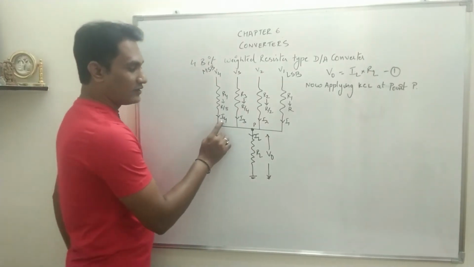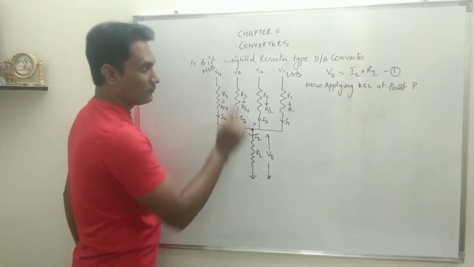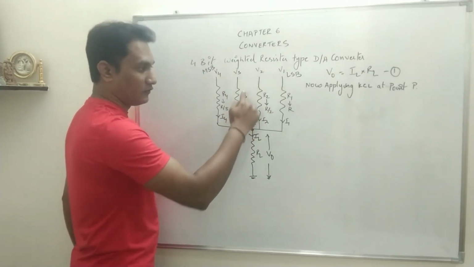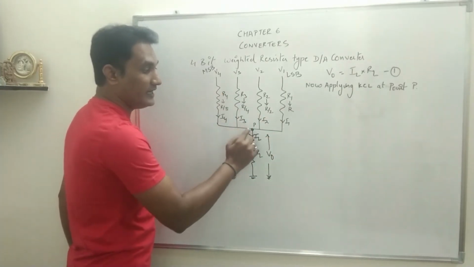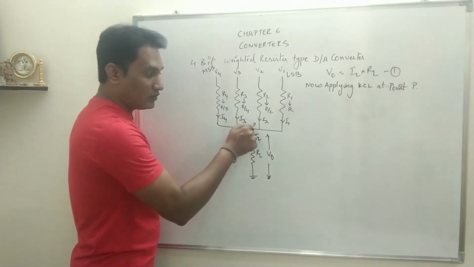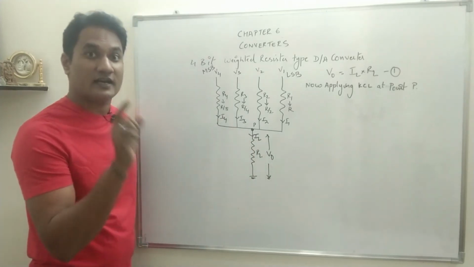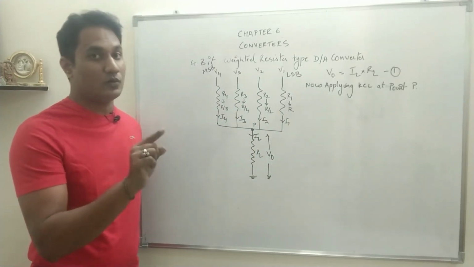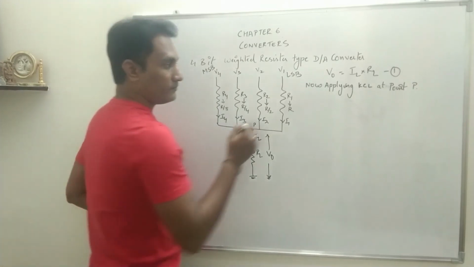By the arrow marks you can see how the current will flow, from positive to ground. Potential is applied over here, so current will flow like this. So I1, I2, I3, I4 are flowing into point P, and the current flowing out of point P is IL. The statement is, total current entering the node is equal to total current flowing away from the node.